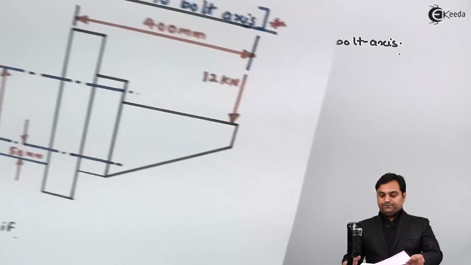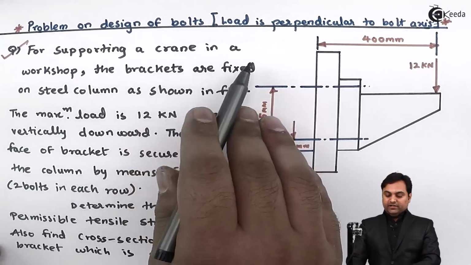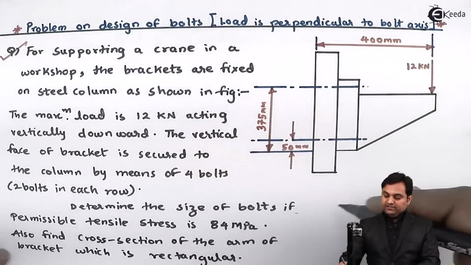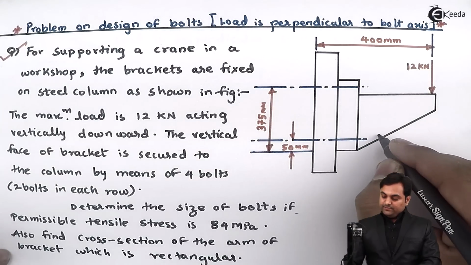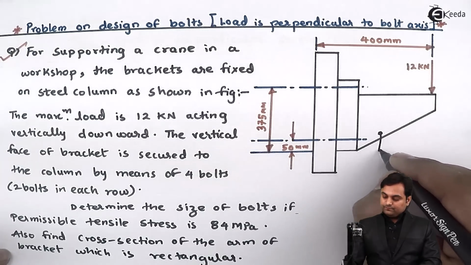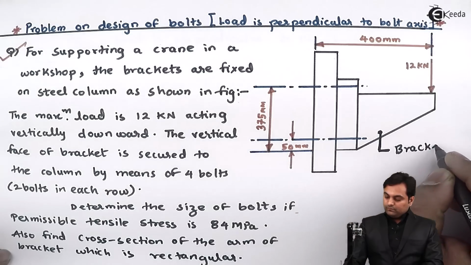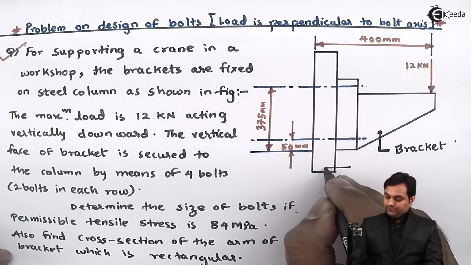Next, for supporting a crane in a workshop, the brackets are fixed to steel column. Here if we can see in this diagram, this is a bracket, which is fixed to a steel column here.